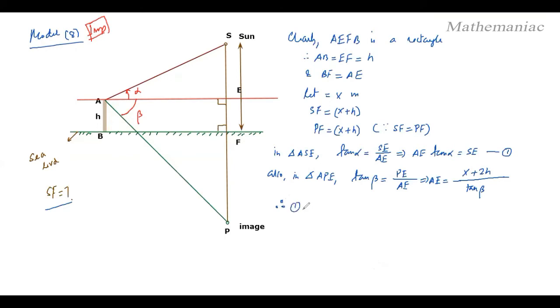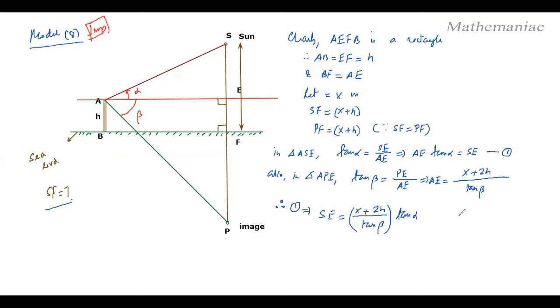Now let us put this here. Therefore, SE will be equal to AE, that is, x plus twice h divided by tan beta, and then the value here, tan alpha.